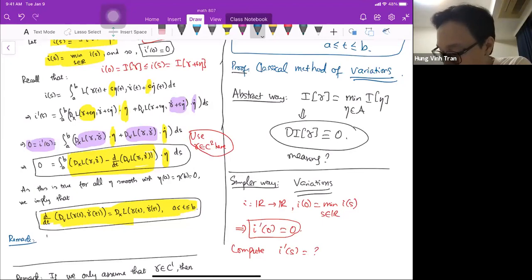Differentiating the first term, you have d_x d_v L of gamma, gamma dot multiplied with gamma dot, plus, differentiating twice in v, d squared_vv L of gamma, gamma dot multiplied with gamma double dot, equals d_x L of gamma, gamma dot.